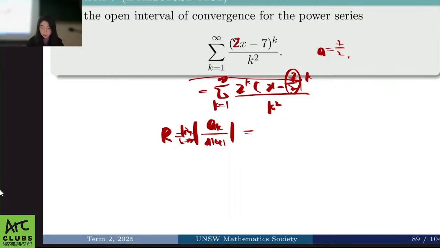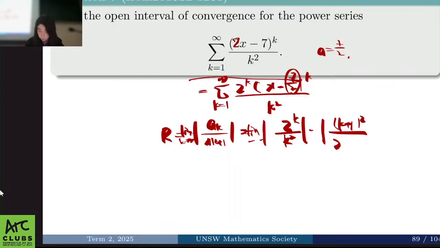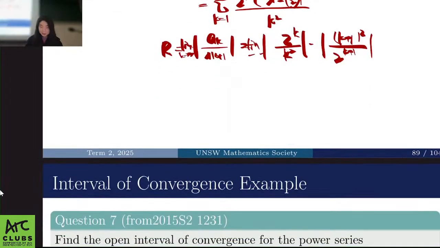That's just going to be equal to the limit of 2 to the power of k over k squared, multiplied by (k plus 1) squared over 2 to the power of (k plus 1). So for some reason this pencil is malfunctioning, but anyways, after simplification that is going to become (k plus 1) squared over k squared multiplied by 1/2.